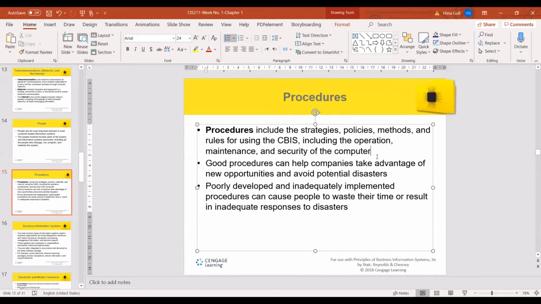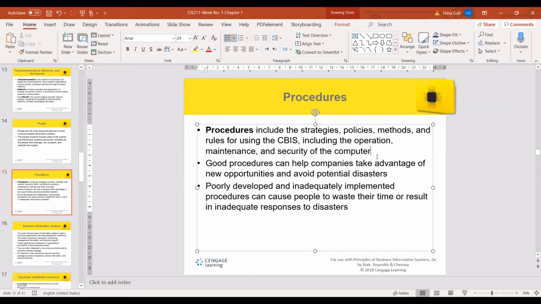So everybody is on board. It is well organized, and there is no chance of corruption or anything else. So this is a procedure. These are the rules that have been invoked in the information system. Got the point? Yeah, we got it.